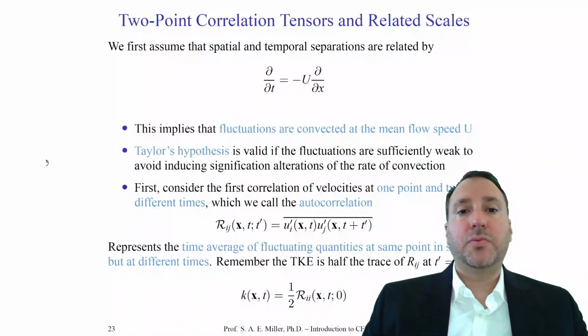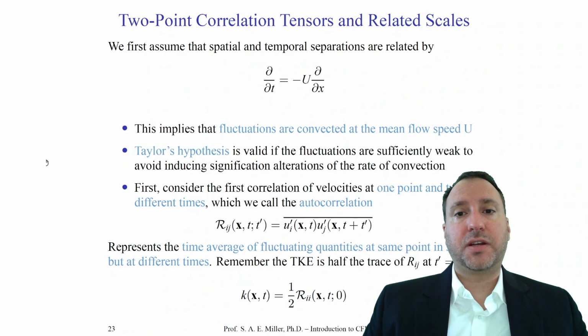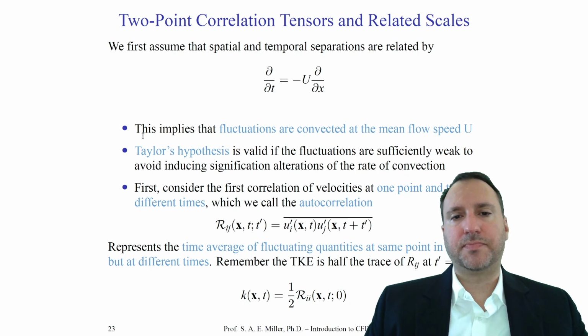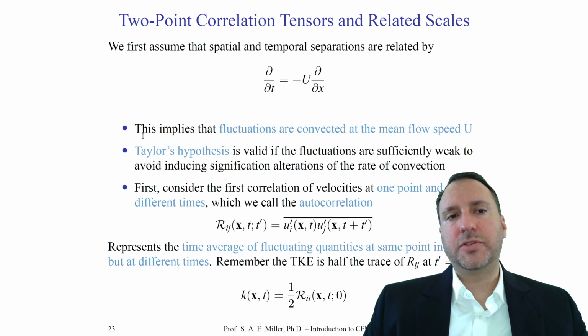So, first, we will assume that the spatial and temporal separations are related by this particular term. This is a very difficult concept for many new students to get their heads around, but recall the properties of partial derivatives. Now, we'll say that the partial of some operator will be the negative mean velocity times the partial with respect to x. What will this assumption mean?